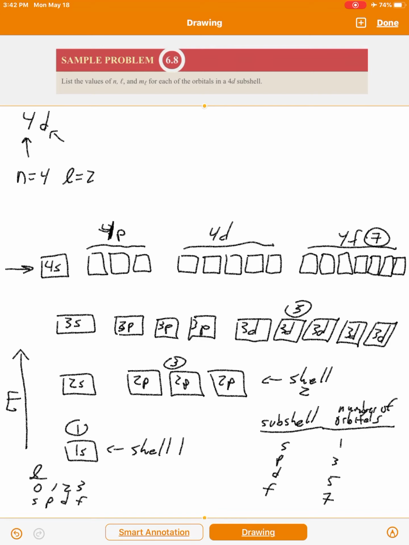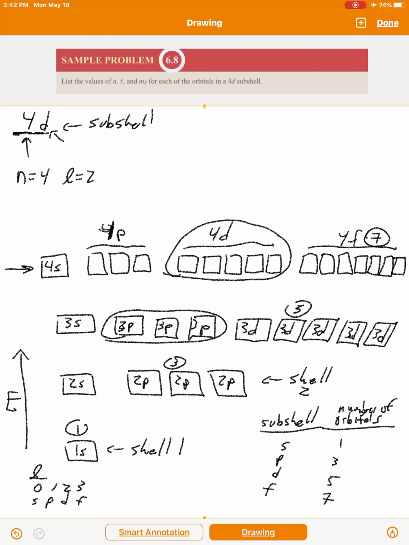That means we're talking about this subshell. So when you see this notation 4D, that's telling you the subshell. You could have a different subshell. For example, right here, we would call this the 3P subshell, or we would call this the 1S subshell. So the subshell is defined by the number with the letter.